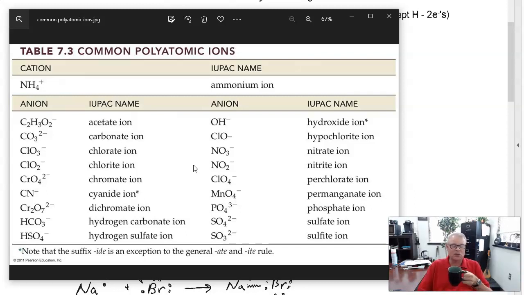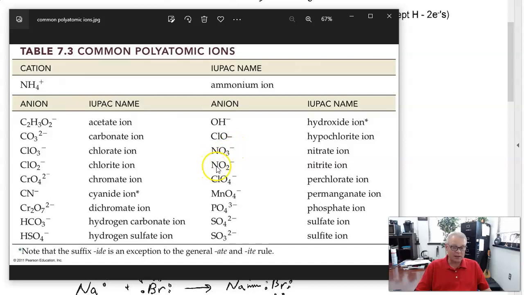Here's where it gets fun. If you see an "ite" on the end of something, what that means is one less oxygen than the "ate", but the same charge. For example, here's a nitrate polyatomic ion, an NO3 with a -1 charge.